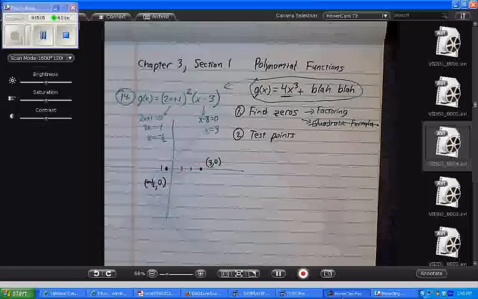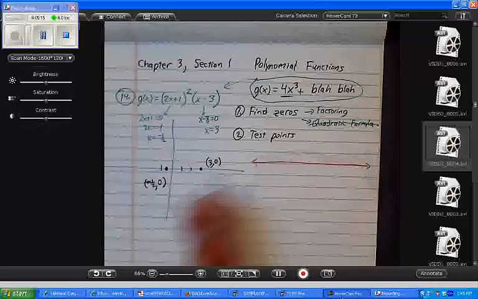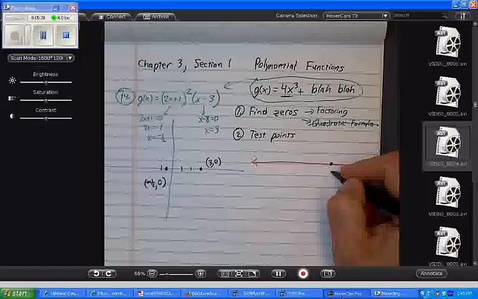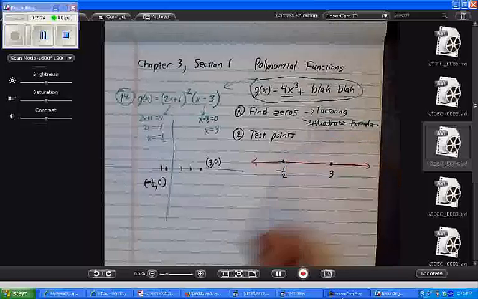All right? Now, I want to do a sign diagram. So I draw a number line. I throw the zeros on there. So let's see, we have 3 and we have negative 1/2. Those are where it equals 0.